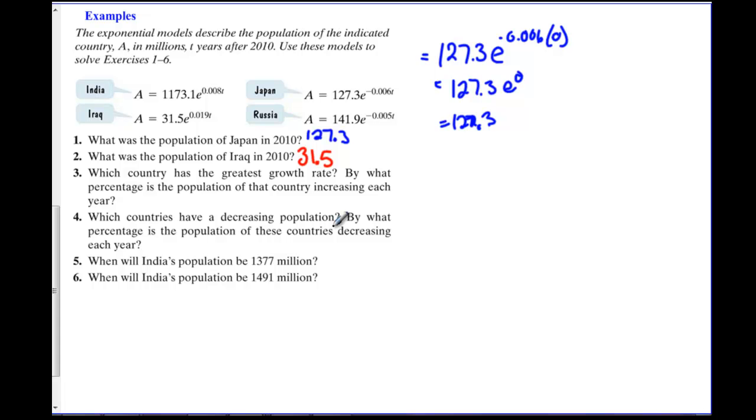All right, for number 3, which country has the greatest growth rate? And then what's the percentage that they're increasing? First off, which ones are growing? India and Iraq, because they have positive numbers beside the t. Which one of those has a bigger number?